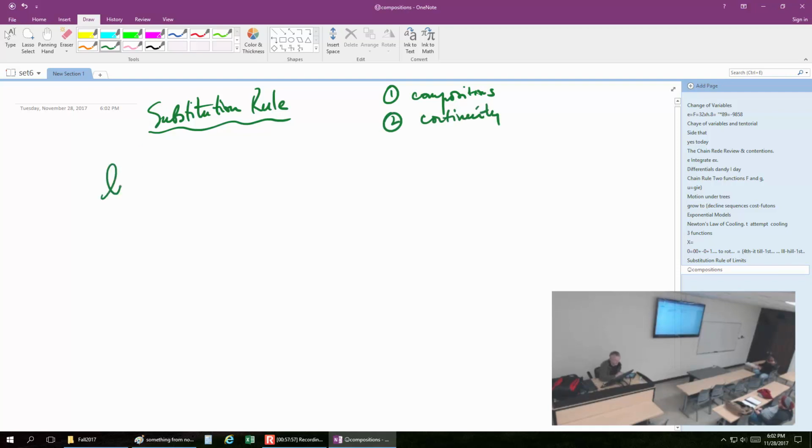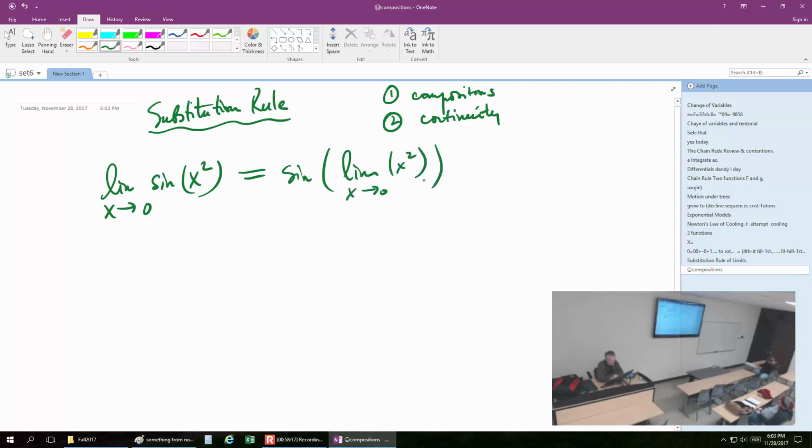But otherwise, this is the limit of, say, sine x squared as x approaches 0. We do the same thing we just did. We pull limits inside and sine outside. So I'll have sine with limits inside of the function. And then naturally they simplify things.